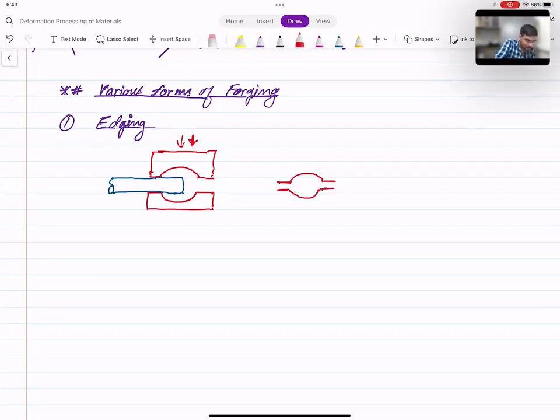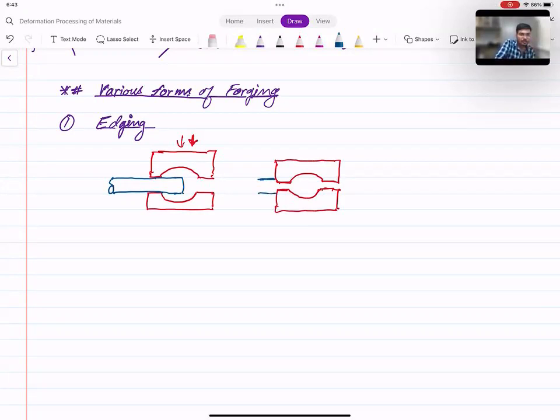They will now come closer to each other, and the workpiece will now be like this.